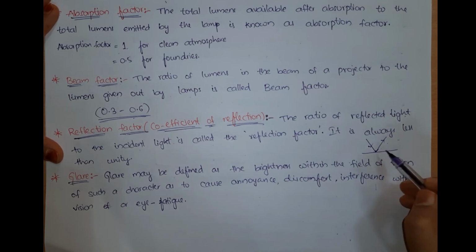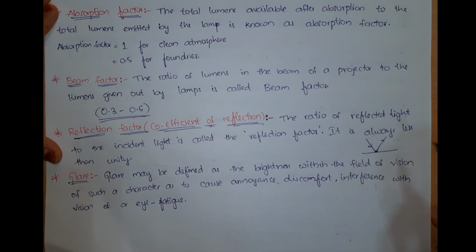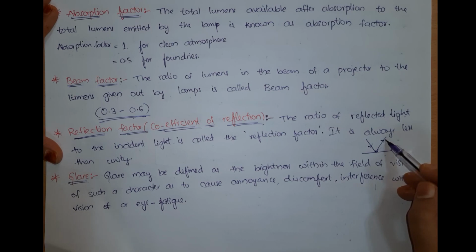There is a deviation in this law, right? All of the light falling on the surface does not get reflected. Some of the light may be absorbed by the surface on which it is projected, right? So when a light ray is falling on a surface, it is reflected from the surface at the same angle of incidence, but a certain portion of incident light is absorbed by the surface.